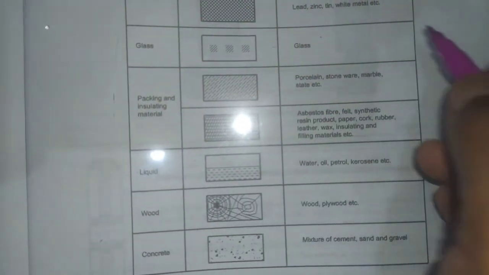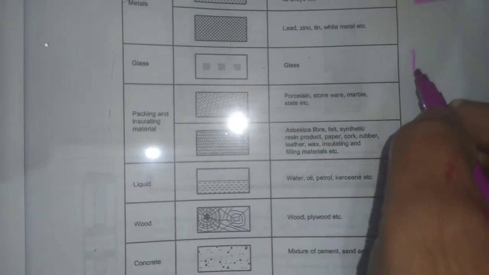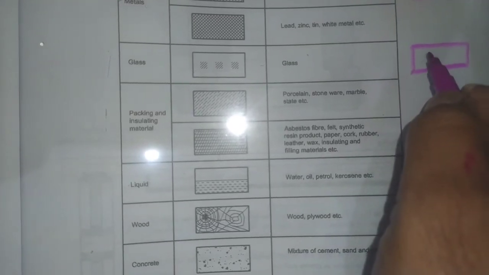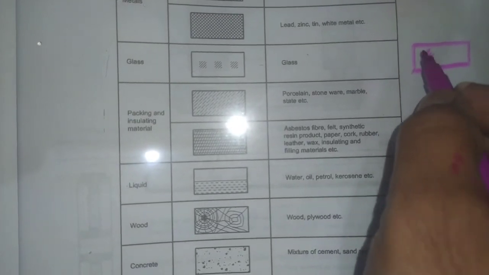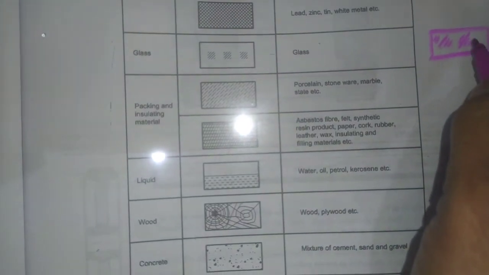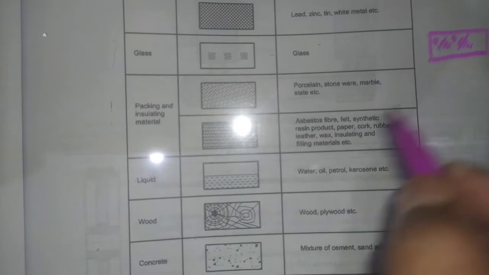Now for glass, just draw the rectangle. If the material is glass, just add these lines: one bigger line, with small intermediate lines.